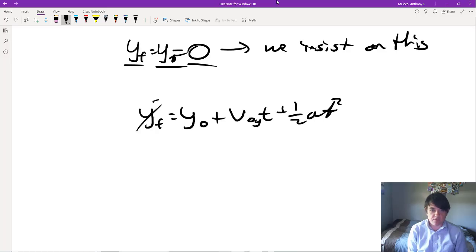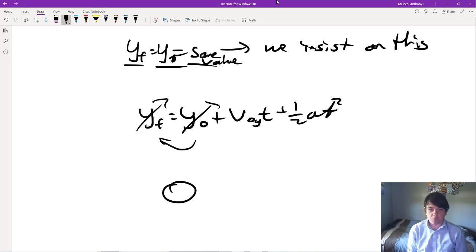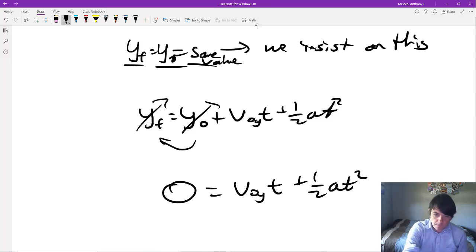And if these are both 0, then they're gone. They're the same value. They don't have to be 0. They just need to be the same value. Okay? Because then, if this is 5 and this is 5, 5 minus 5, right? When you move this over, it goes away to 0. So what you're left with is 0 equals v naught y t plus 1/2 a t squared.